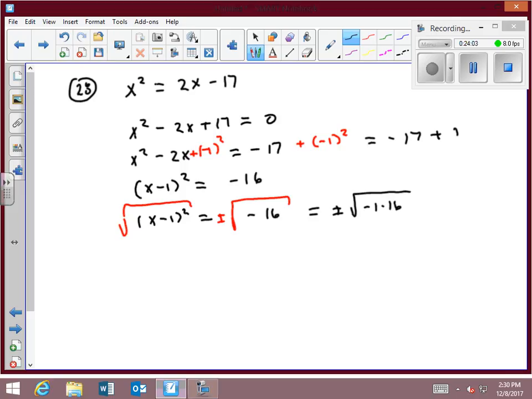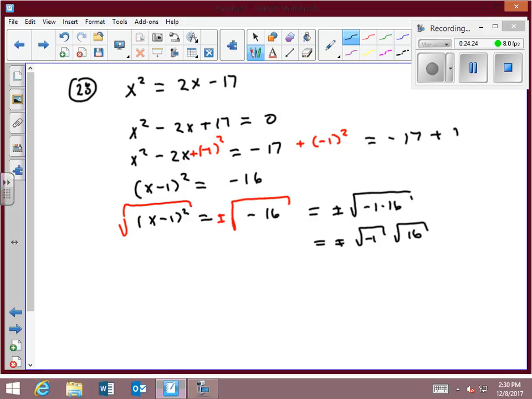The minus 16 can be written as a minus 1 times 16, and this can be written as plus or minus the square root of minus 1 times the square root of 16. The square root of the product is the product of the square roots.